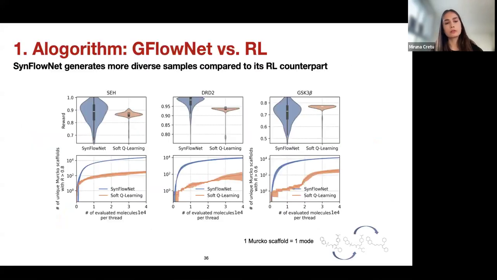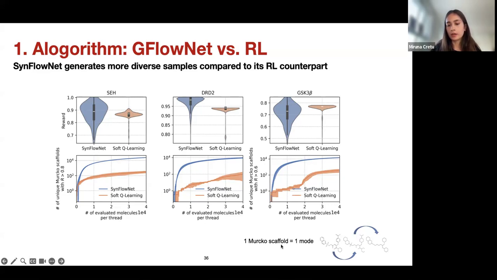So to talk about results now, the first choice was using a GFlowNet over reinforcement learning. Here I'm comparing, across 3 different reward functions, SynFlowNet, our GFlowNet formulation, and maximum entropy RL through soft Q-learning. What we see is that the bottom plot shows how, through sampling, from an untrained policy all the way to more iterations of training the policy, we're exploring more and more modes with SynFlowNet compared to soft Q-learning.